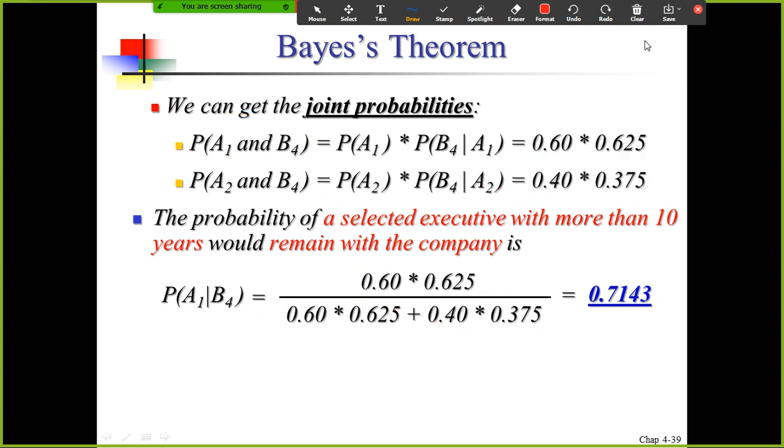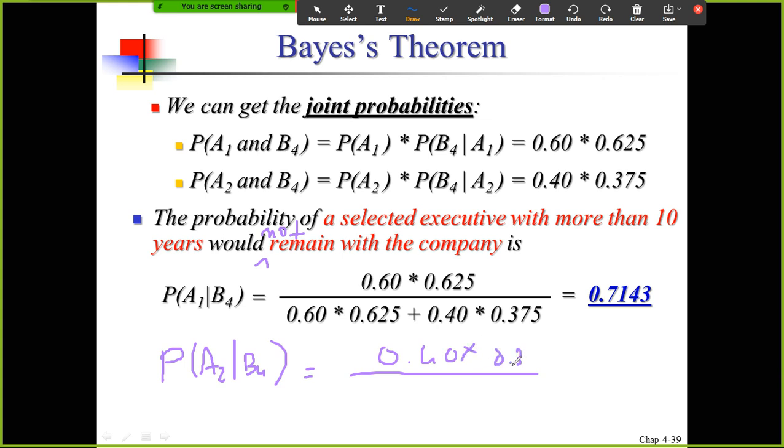If the question asks about not remaining, for example, what is the probability that a selected executive with more than 10 years would not remain with the company, it means the probability of this one among more than 10 years would not remain. So I can say this is 0.40 multiplied by 0.375, divided by the overall here.